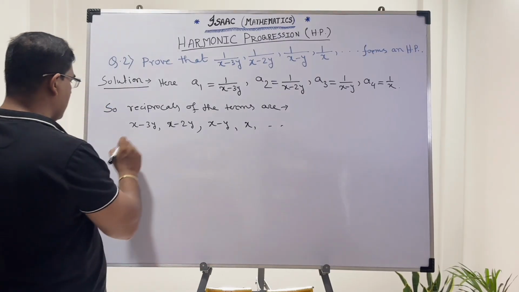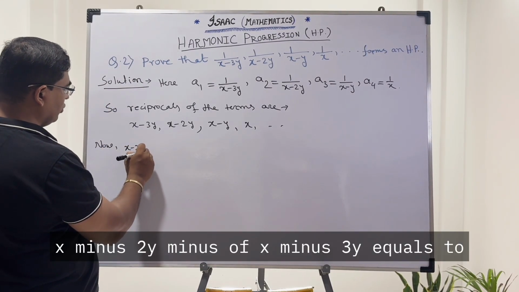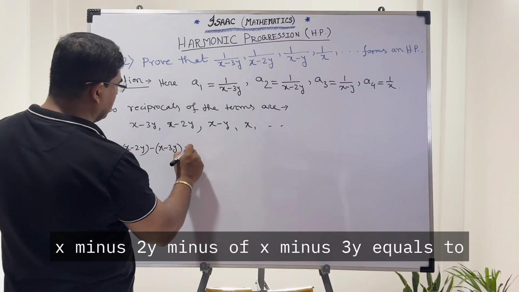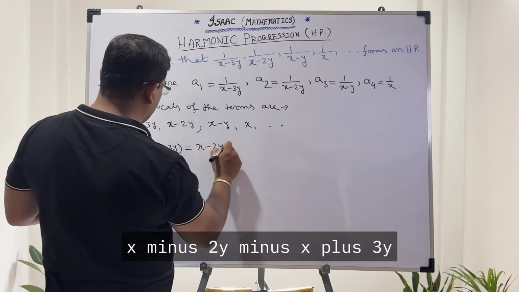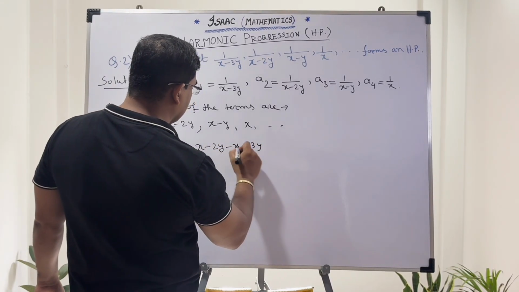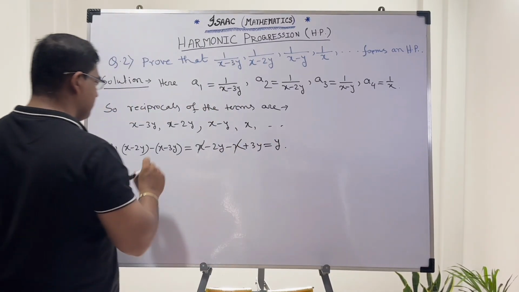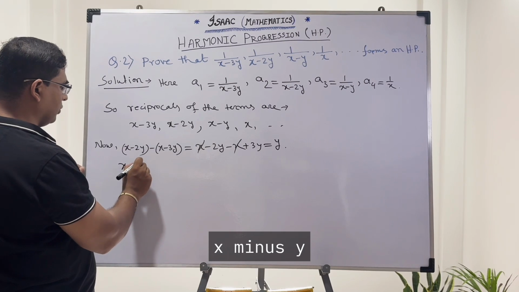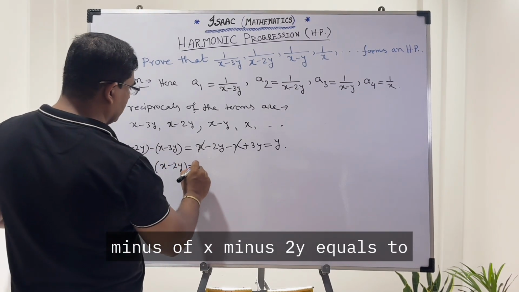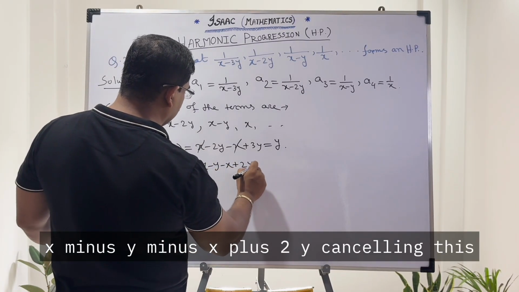Continue. Now, x minus 2y minus of x minus 3y equals x minus 2y minus x plus 3y. Cancelling x, minus 2y plus 3y will give plus y. x minus y minus of x minus 2y equals x minus y minus x plus 2y.